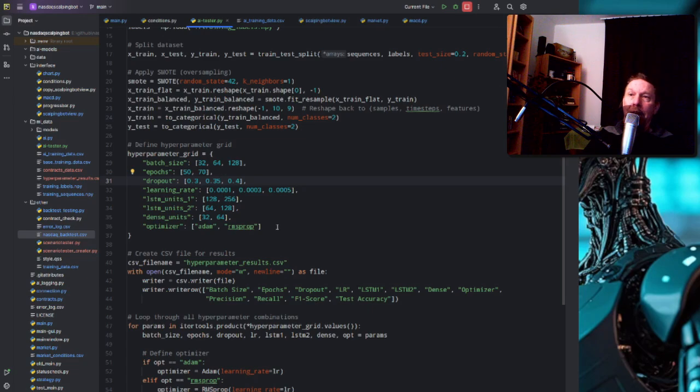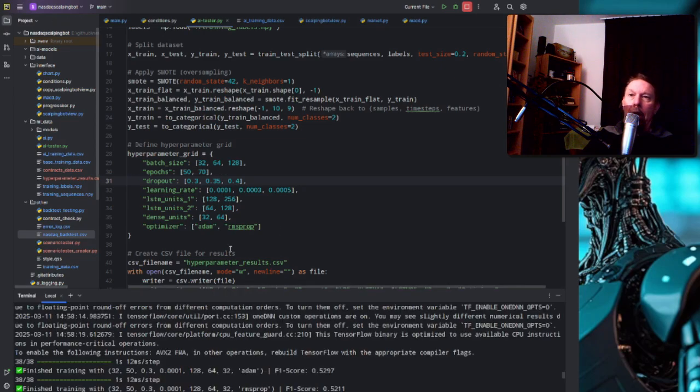And what it's doing now, currently, if I go to the terminal, is going through all the variations, all the combinations that are possible with these variables.